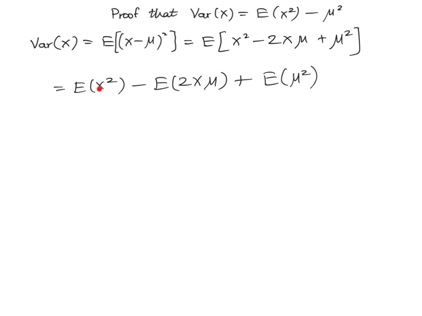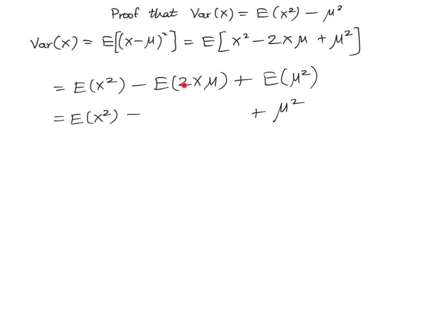Now, this is exactly the thing we want, so I'm not going to mess with it. I like the way that I got this out of this expression because that's part of my final answer. So I'm going to leave that alone, but I want to mess with these two now. Now, the expected value of any constant is just the constant itself. So this is just going to become mu squared. So this is going to be the expected value of x squared, and this is going to be plus mu squared. But this one over here, well, first of all, there's going to be a minus sign.